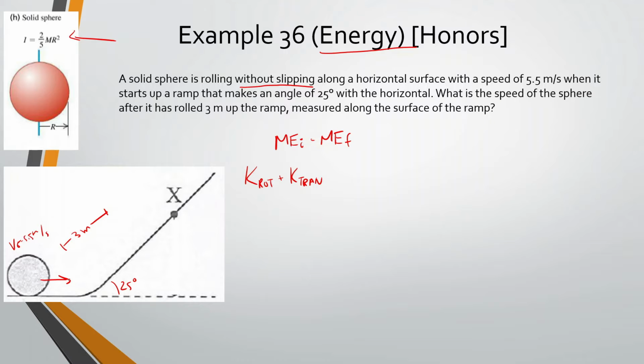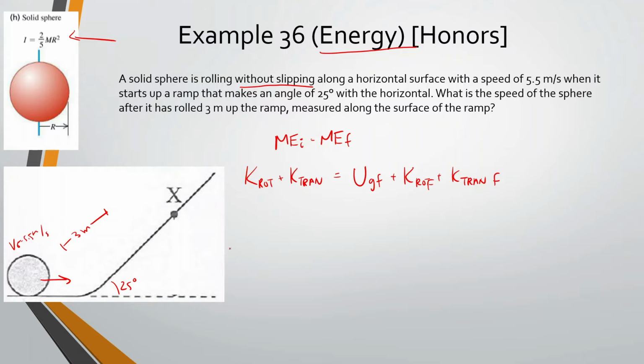As it goes up 3 meters, there's going to be gravitational potential energy, and we're going to figure out how fast it's moving. It's still going to be rotating and it's still moving translationally. So that's how we should be setting this up.